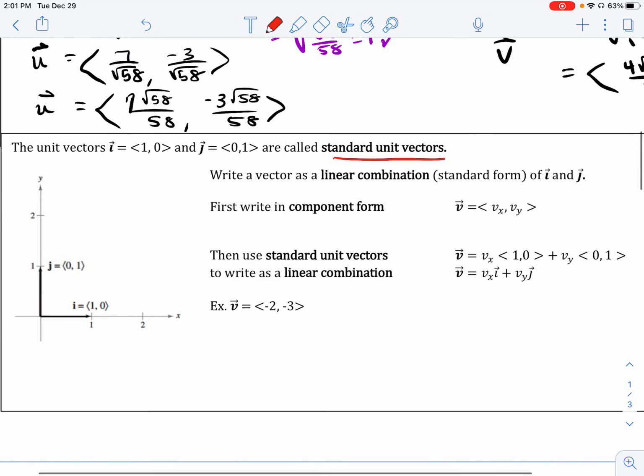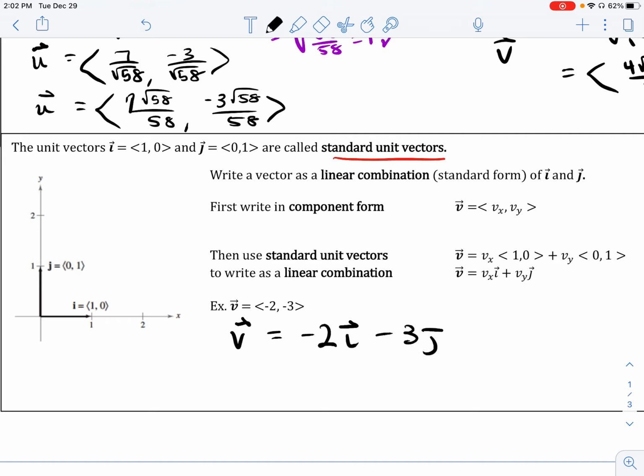So for example, if you're given a vector v that has the terminal point (-2, -3), or component form is (-2, -3), all you're doing is rewriting this as v in standard form is -2i minus 3j.